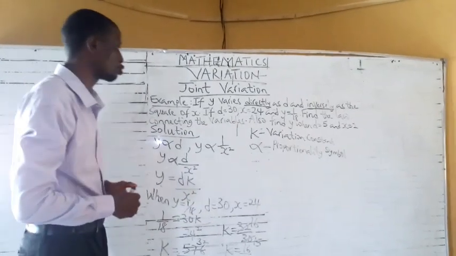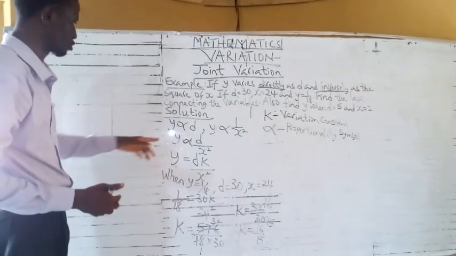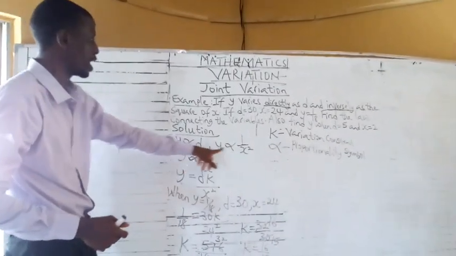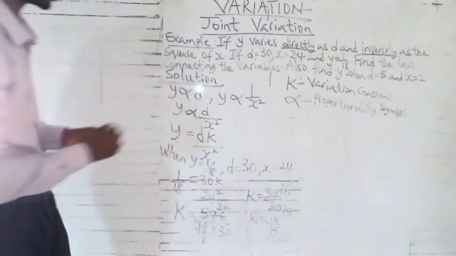Now, how are we going to write the law connecting the variables? And what are the variables? Y, d, and x. We now want to look at the law, how to connect it.